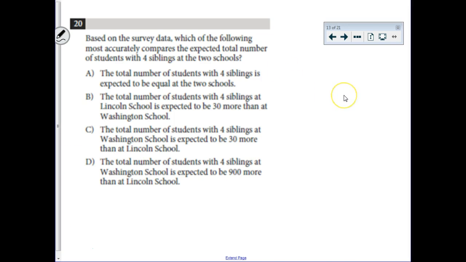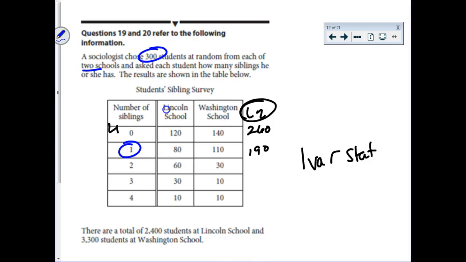Where is my question? There it is. The total number of students with 4 siblings. Okay, read. It will not be equal, I know that. The total number of students with 4 siblings at Lincoln is expected to be 30 more than at Washington. Didn't I just say the opposite of that? Didn't I say Washington would have more?